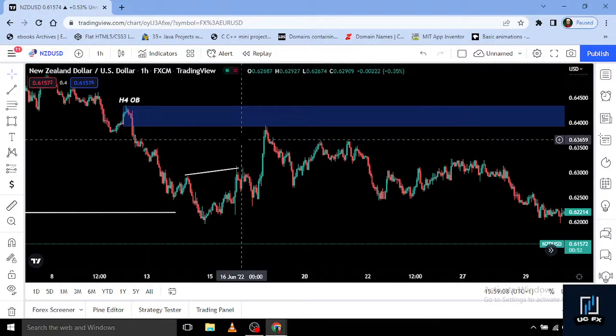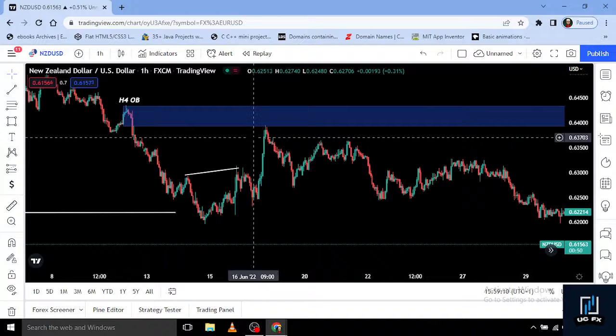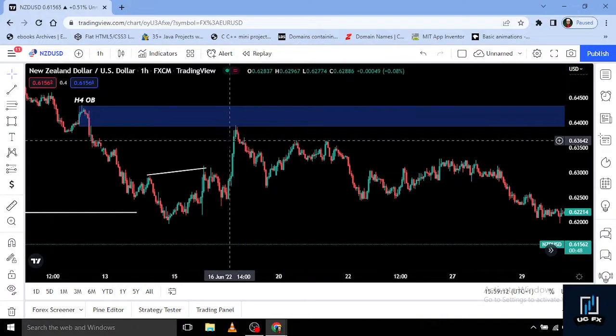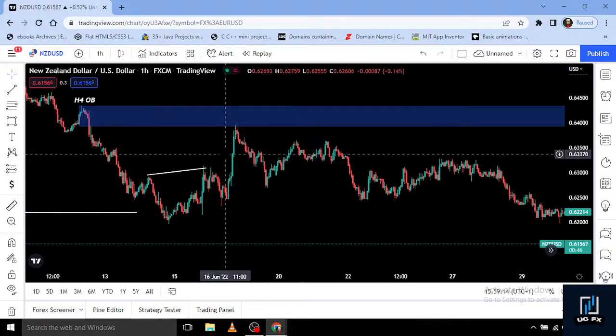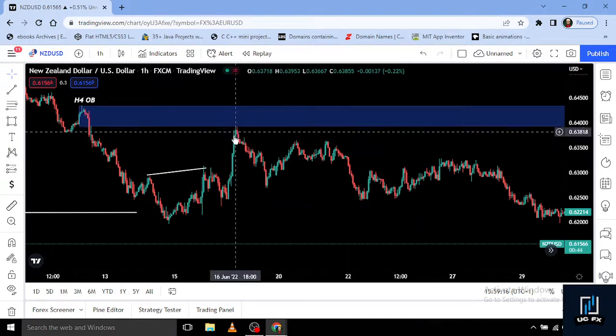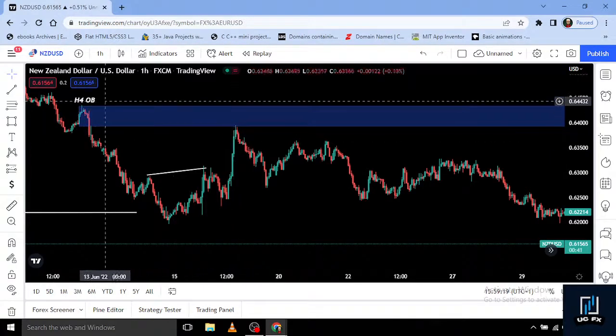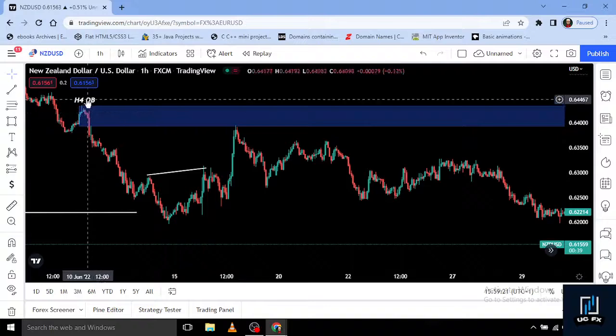So what do we need to see in the lower time frame before saying that the trade is going to go in our favor? We need to also mark out a lower time frame order block, just like we marked out here in this 4-hour time frame.